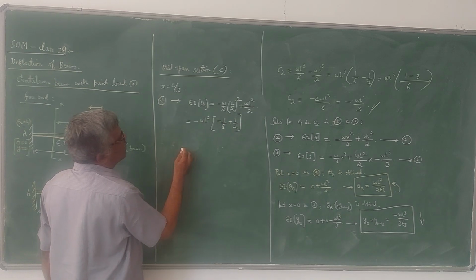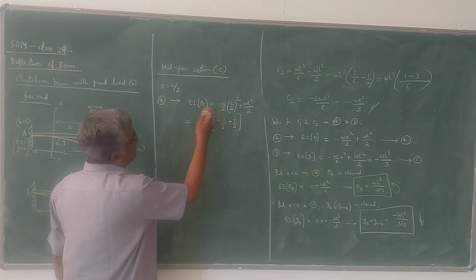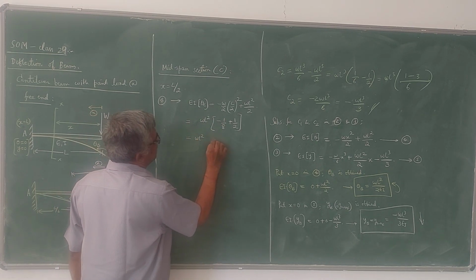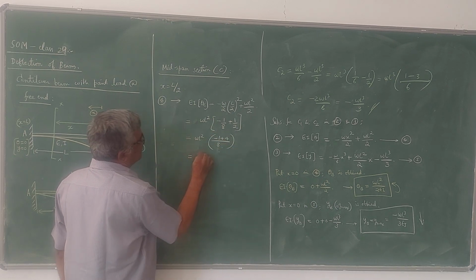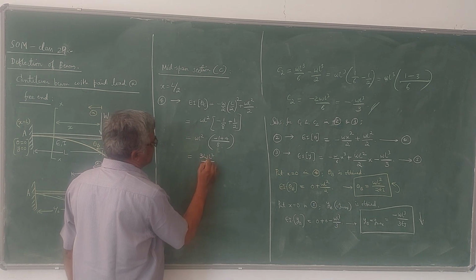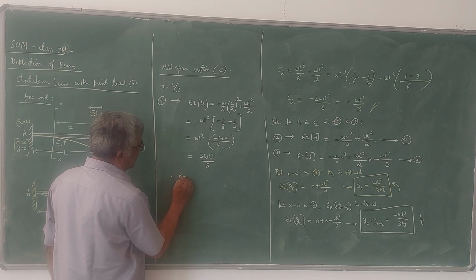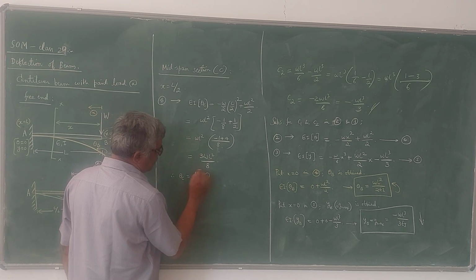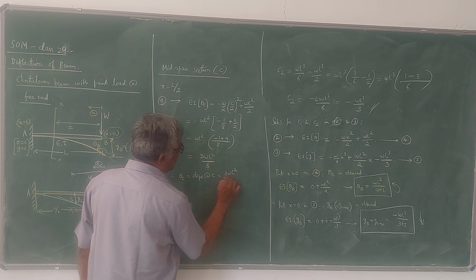Taking 8 as the LCM, minus 1 plus 4 gives 3 W L square by 8. Therefore, the slope at C is theta C equal to 3W L square by 8 EI.